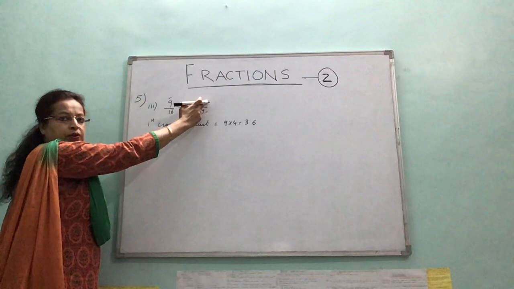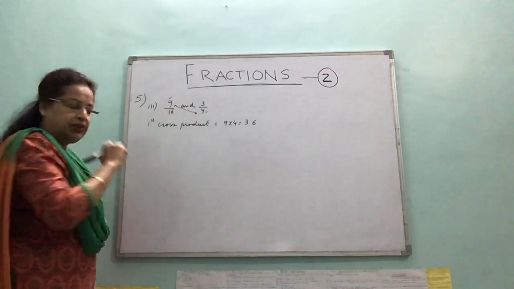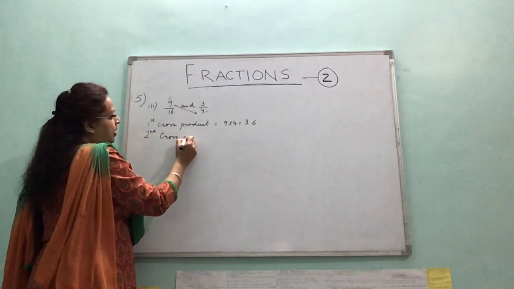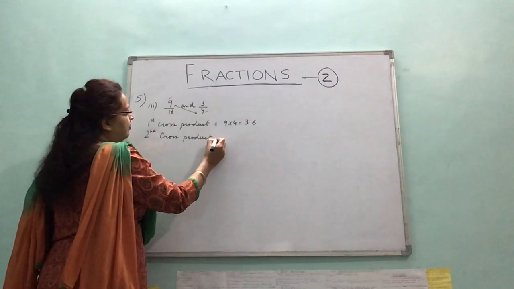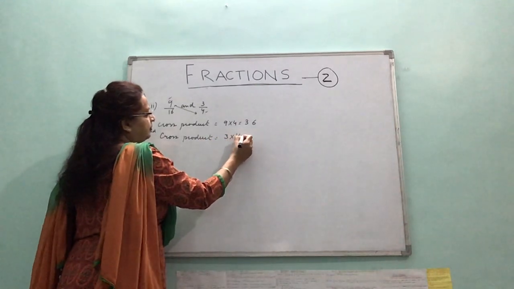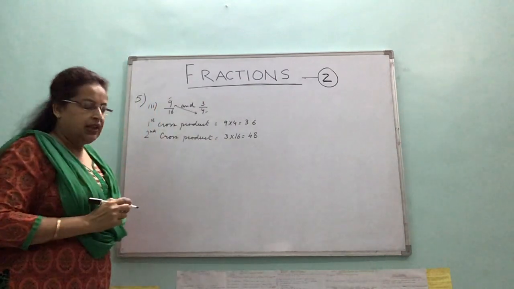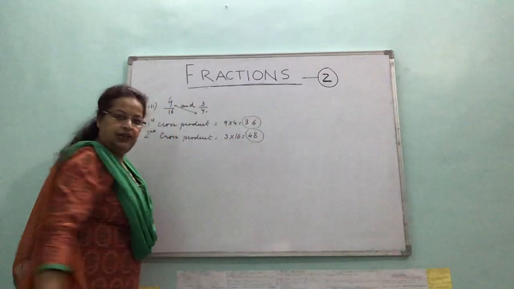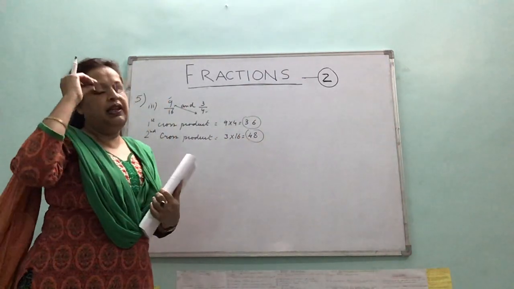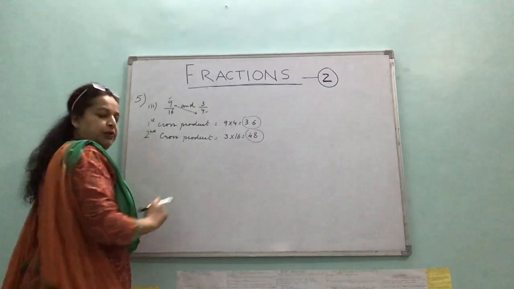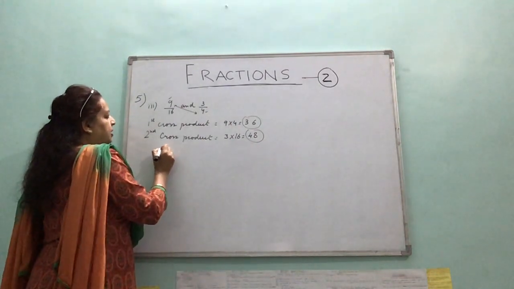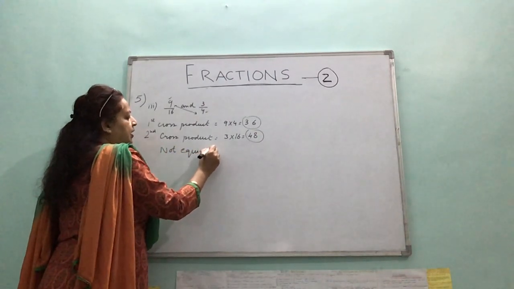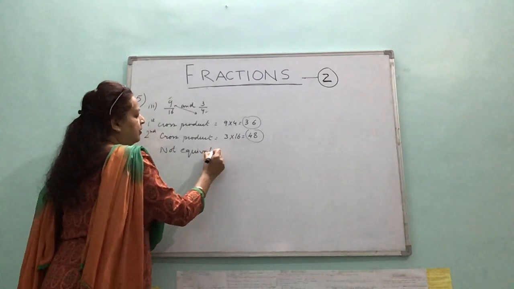And in the second case, the numerator of the second multiplied by the denominator of the first, I call it the second cross product. Alright children. So 3 into 16, which is 48. Now, if the cross products are same, then they are equivalent fractions. If the cross products are not same, then they are not equivalent fractions. Since the cross products are not same, we'll write down it's not equivalent. These two fractions are not equivalent.